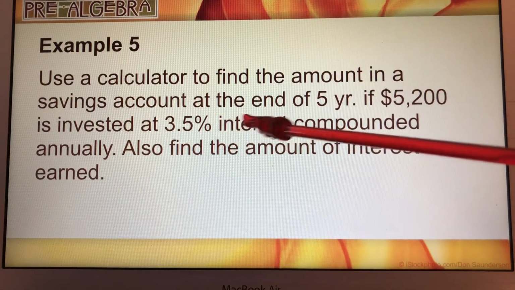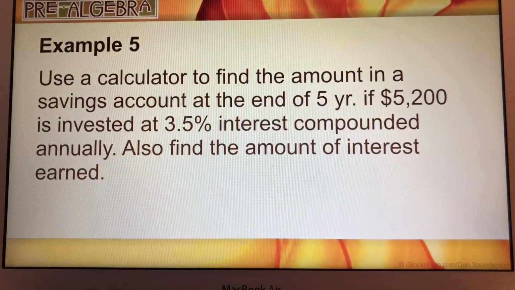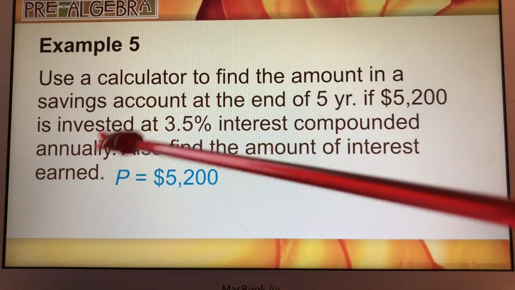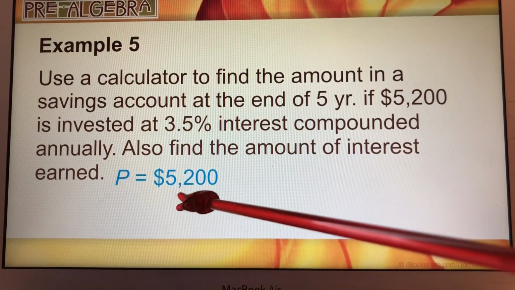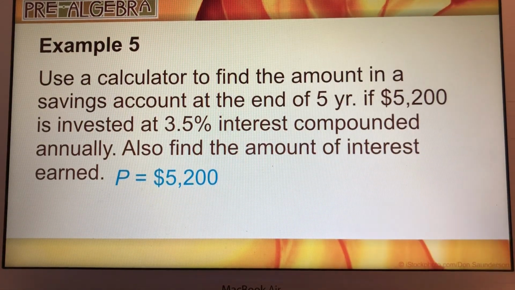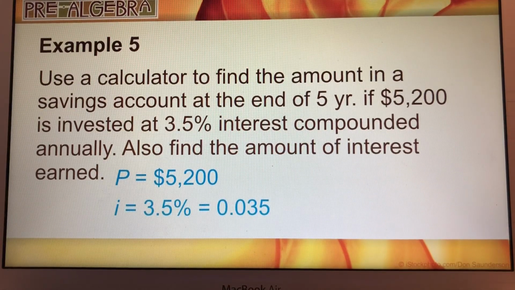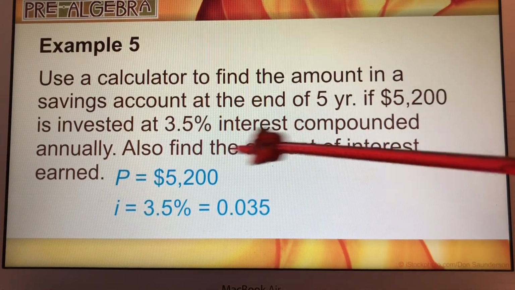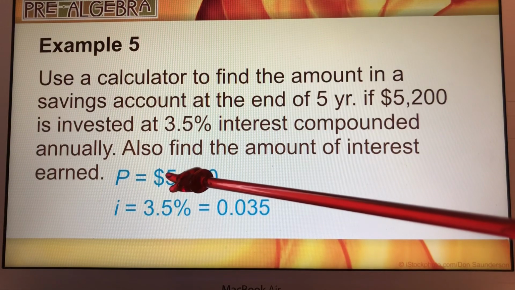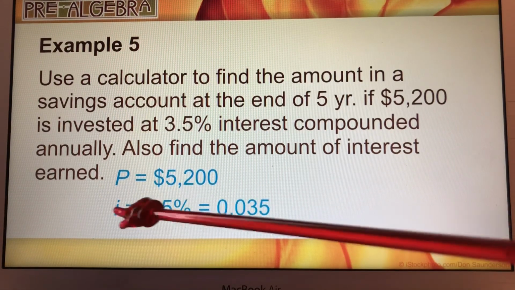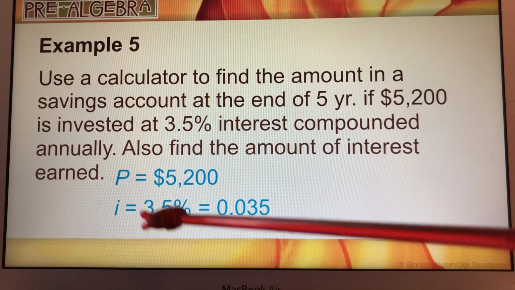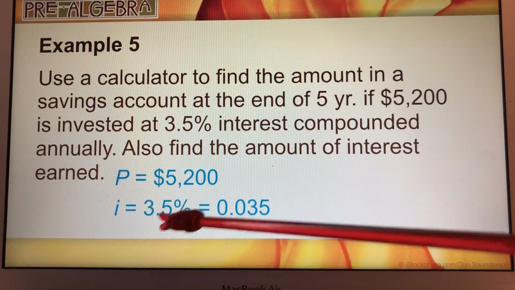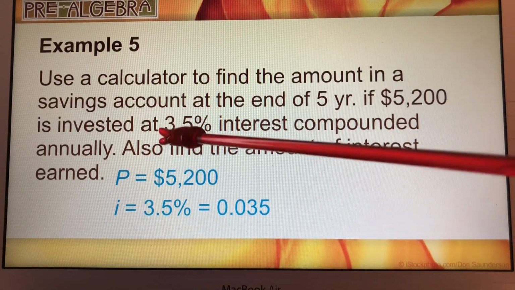First, we'll take a look at our formula and plug the information into it. Our principal is $5,200. That's the amount that was invested. Now, the interest is the rate, 3.5%.